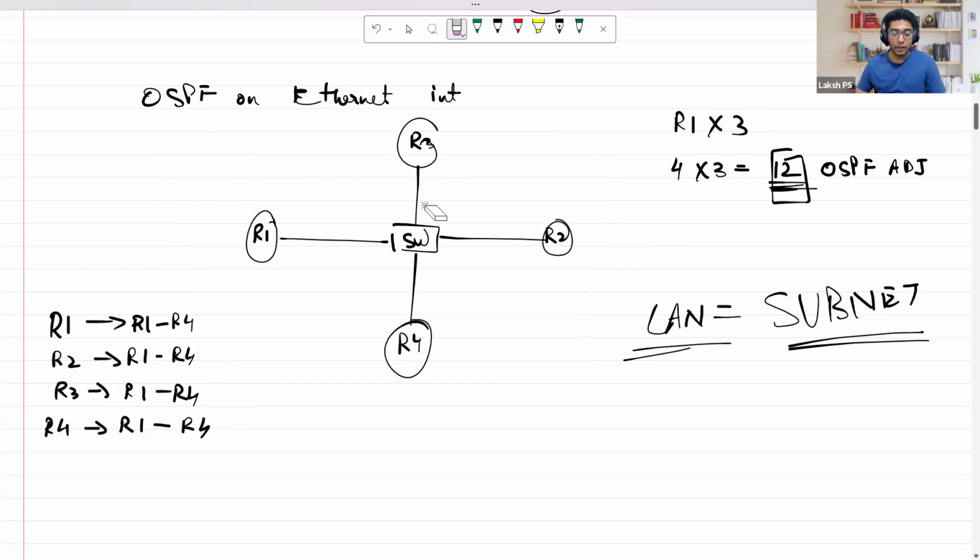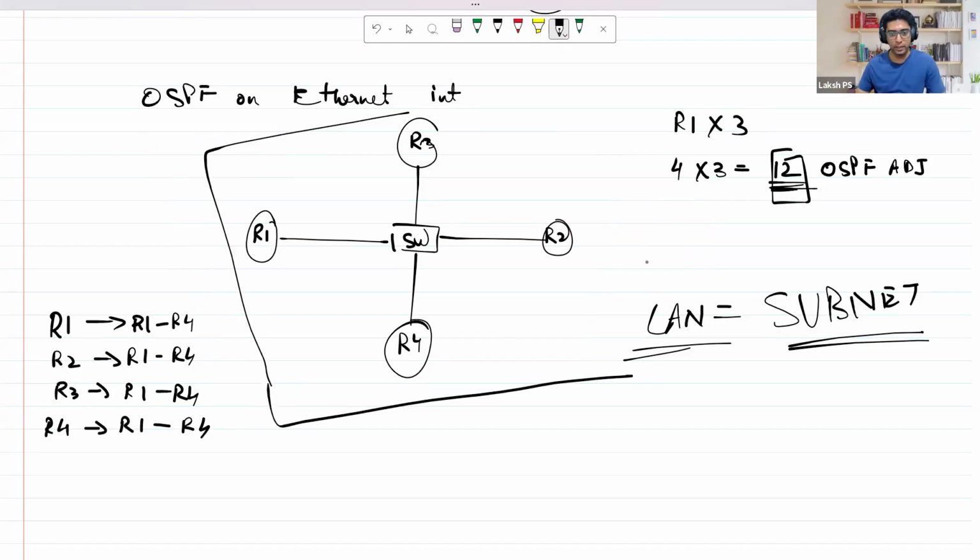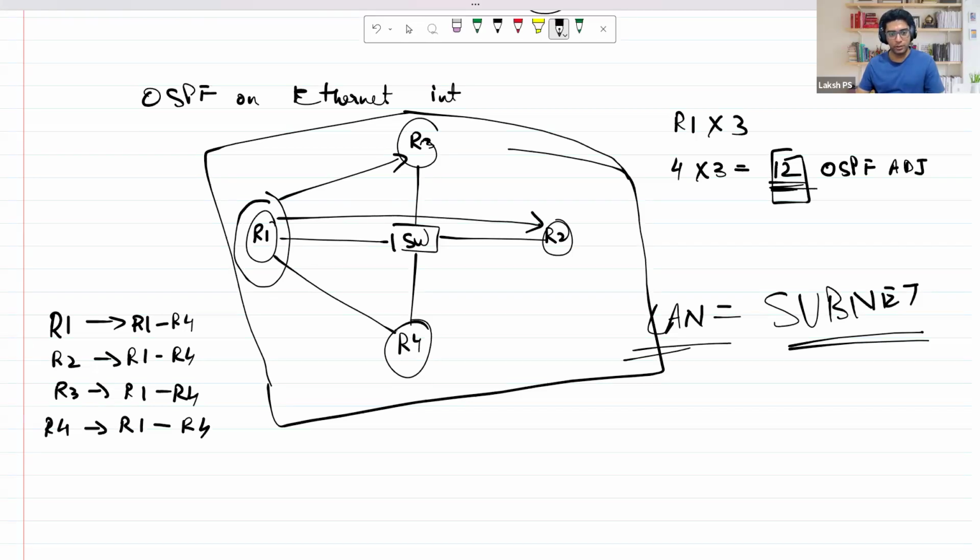So, I was saying, if there was such a scenario where only the master will do the advertisement of the database, it's good, right? It is good. So over here, we will create one router as the master, and he will have adjacency with the remaining routers.